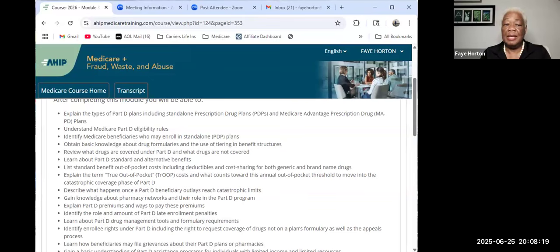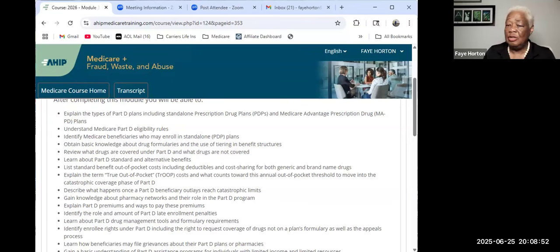We should understand Medicare Part D eligibility rules, be able to identify Medicare beneficiaries who may enroll in a standalone prescription drug plan, obtain basic information about drug formularies and the use of tiering and benefit structures. We will review what drugs are covered under Part D and what drugs are not covered.